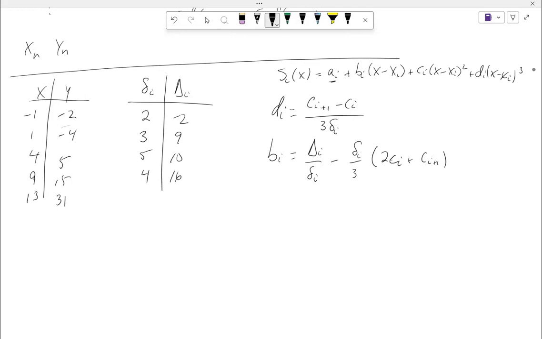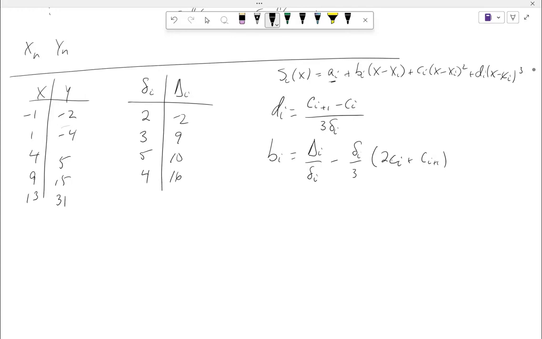All right. So notice that again, we know what the A's are because the A's are just these, right? So for your first cubic, your a1 will be negative 2. Your x1 is negative 1.